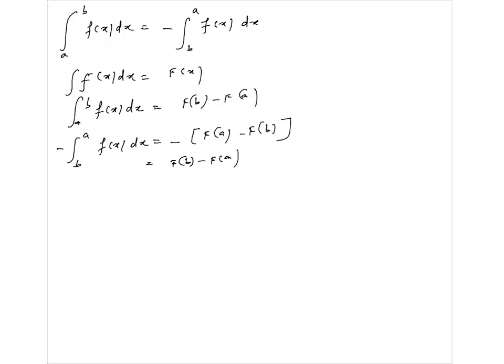So clearly these two fellows are equal. Let me know if there are any questions.